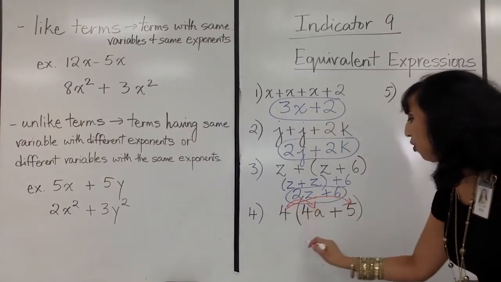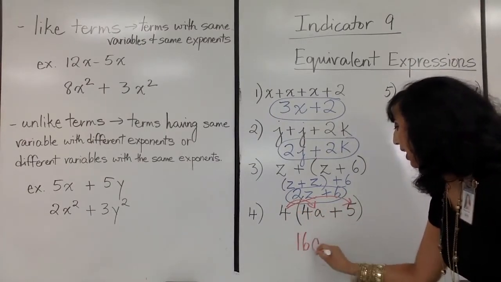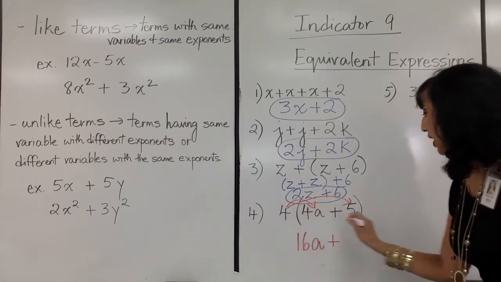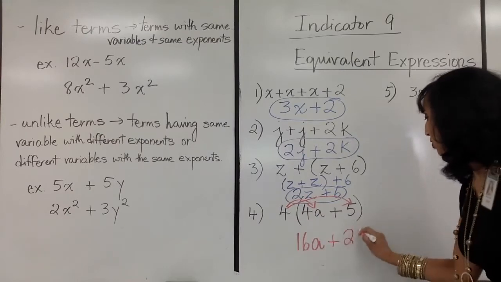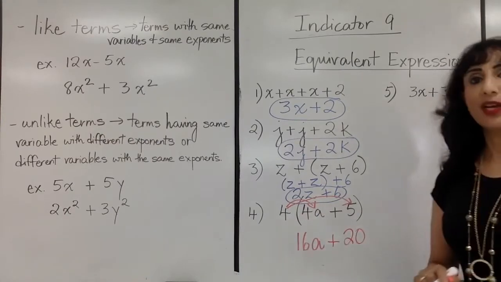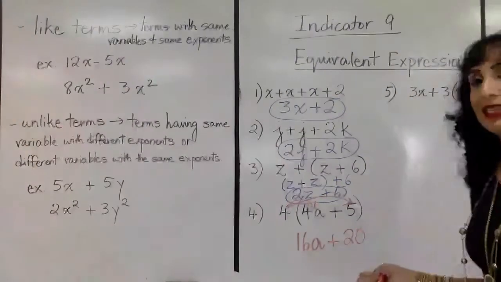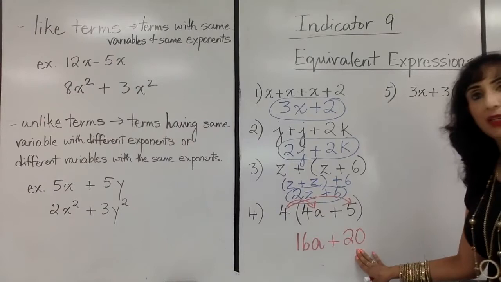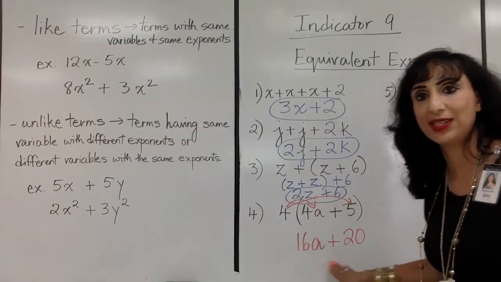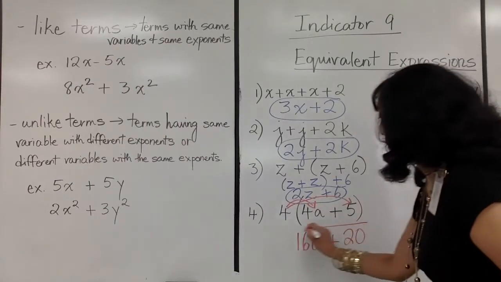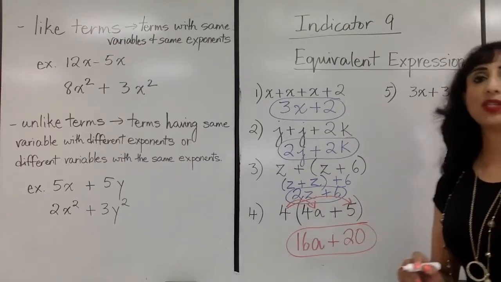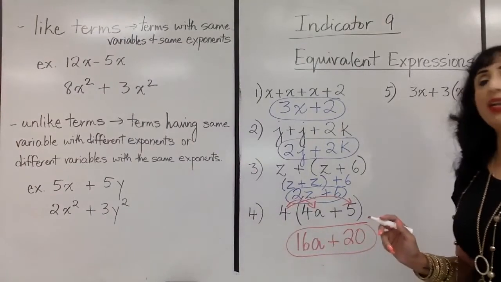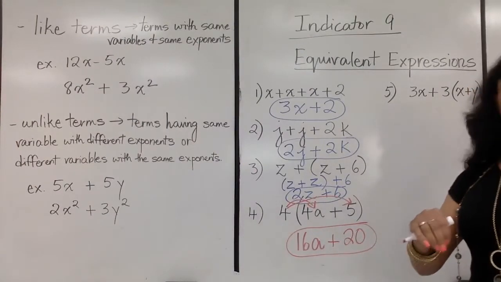So 4 times 4 is 16a because you're multiplying, plus 4 times 5 is 20. Okay? So now, since this is a different term, this has a variable attached, this is a number, this becomes my final answer. So this is the distributive property which we have done way ahead in the beginning of the year.